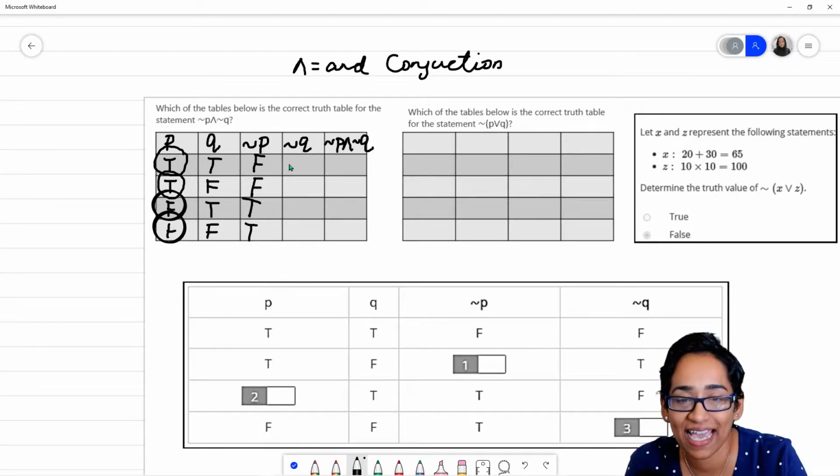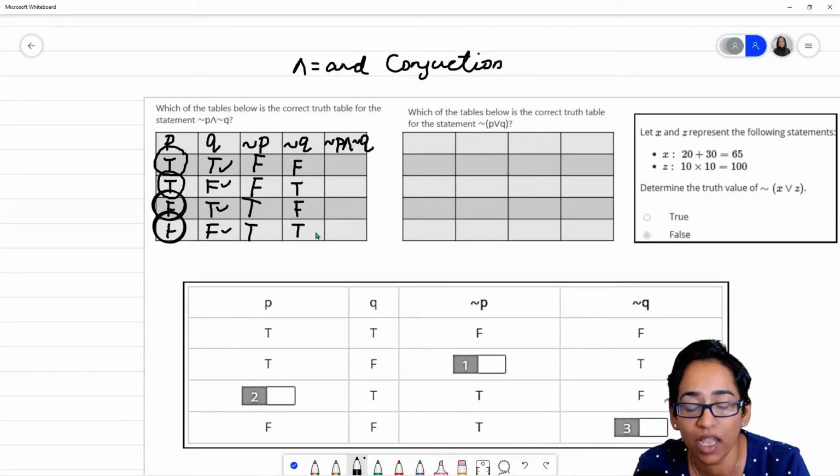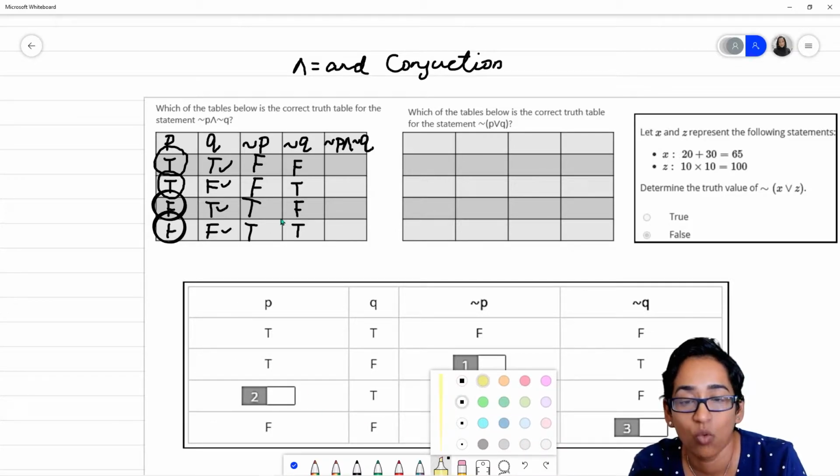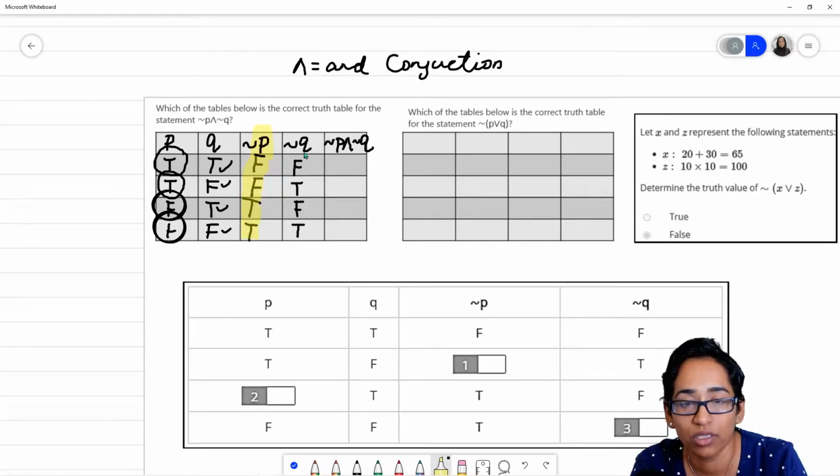All right, let's look at Q. Q is true, negation Q is false. Q is false, negation Q is true. True, false, false, true. All right, so what I'm looking at here is only these values: false, false, and false, true, false, false.